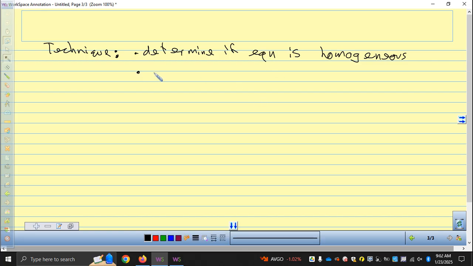If so, we make the substitution x equals vy, or y equals ux. We can make either one; either one will work. We substitute and rewrite in separable form.